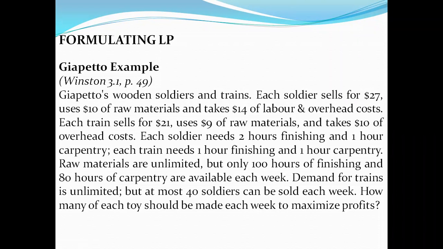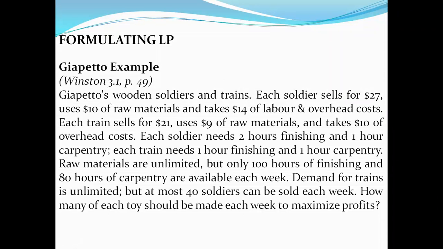So highlight it once. Next, moving on to the second model, that is trains. Each train sells for $21, and for manufacturing, each train uses $9 for raw material purchasing and takes $10 of overhead cost, nothing but the shaping work done by labor to obtain a finished stage.